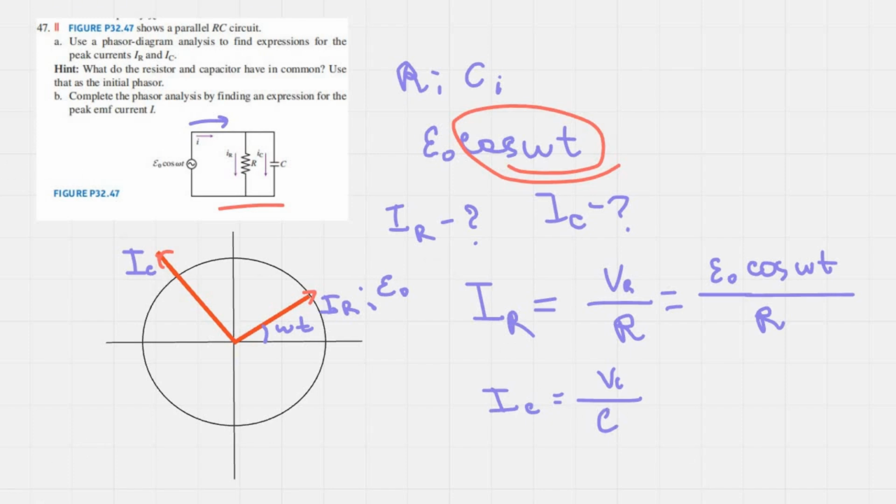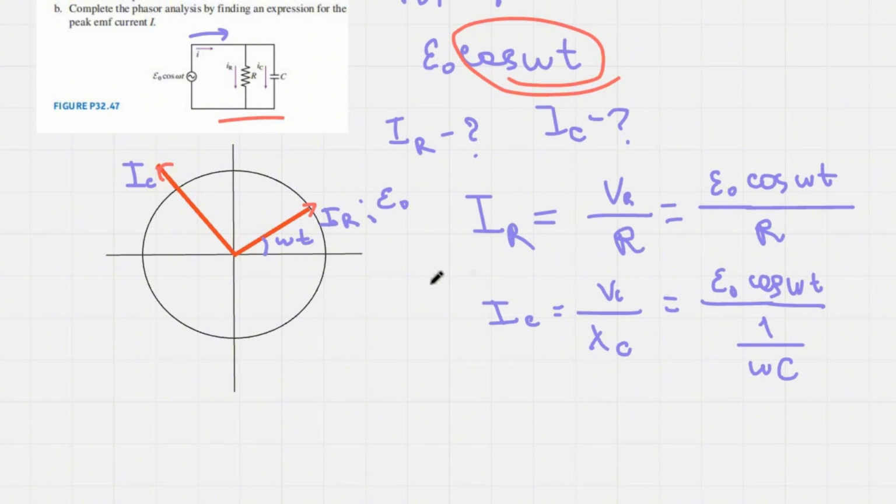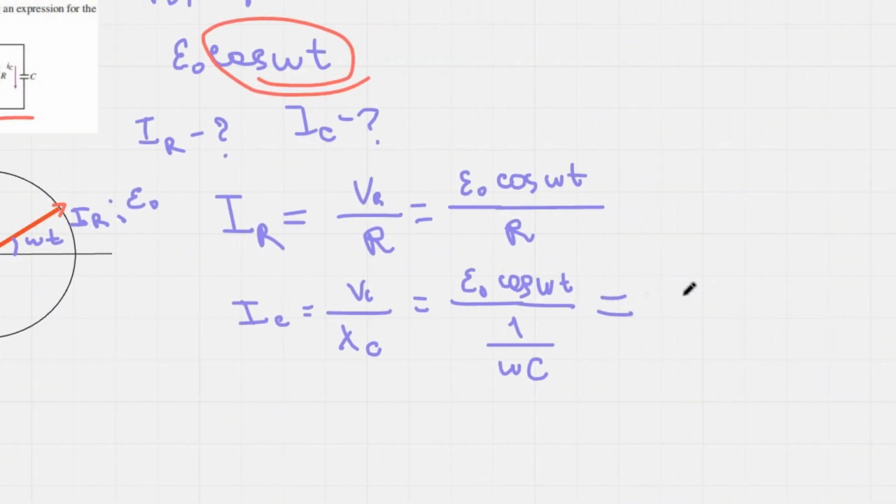No, I'm lying, it will use the capacitive reactance X_C. As I said, it will be the same voltage, sine omega t divided by X_C. We know X_C is 1 divided by omega C, so the current will be omega C sine omega t. So that's how we find the currents.